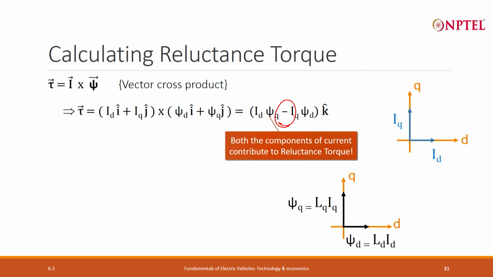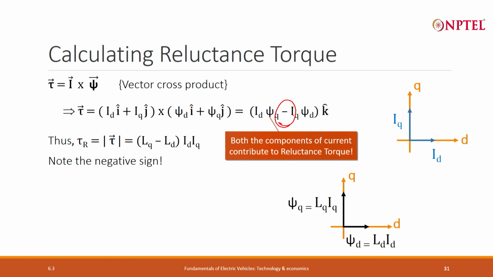The IQ term is of course the Q component of the current. The xi d has hidden inside it LD ID, therefore, ID is also there. So, magnetic torque was contributed only by IQ, but the reluctance torque is contributed by both ID and IQ. In fact, it is contributed by the product of ID and IQ.